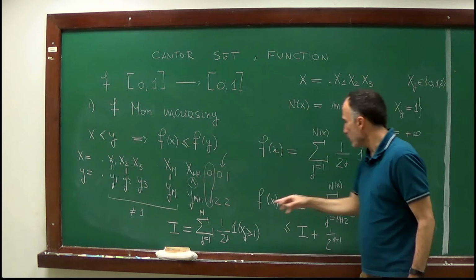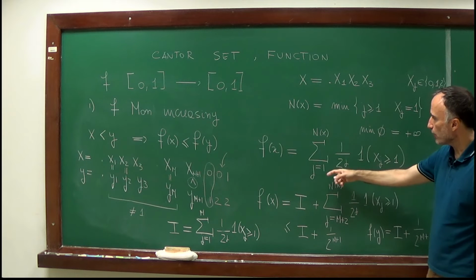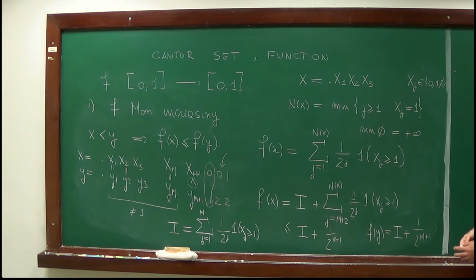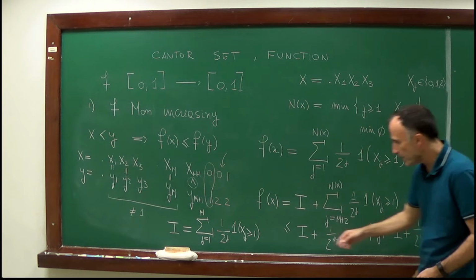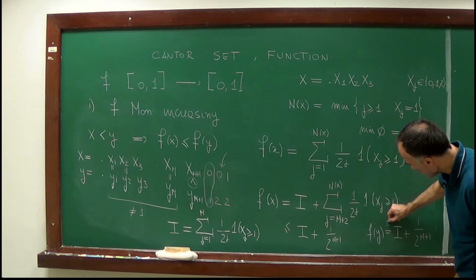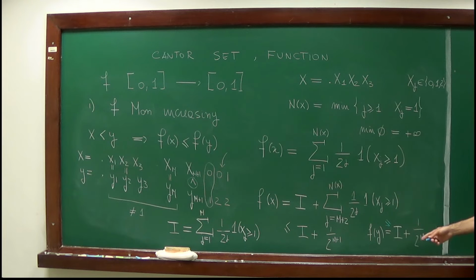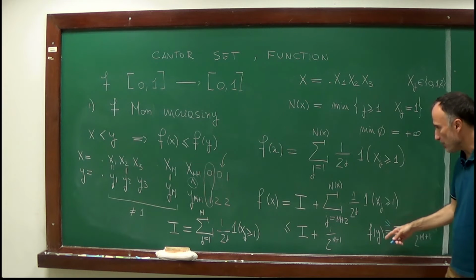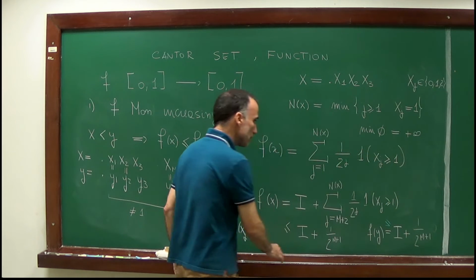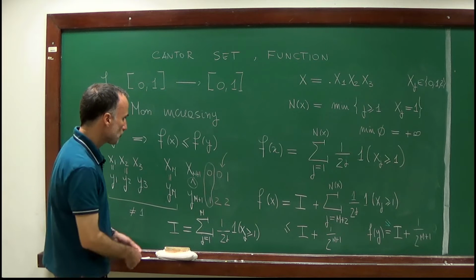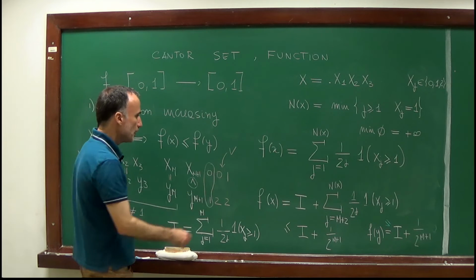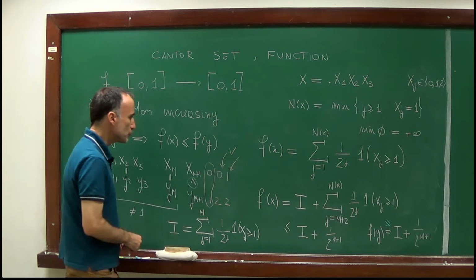And since y_{m+1} is 2, I'm taking the contribution for j equal to m plus 1, which is 1 divided by 2 to the power m plus 1, which is here. So in this case, instead of an identity, what I have is an inequality. So f of y is larger than that, because you might have a contribution for the term m plus 2 and so on. But we still have that f of x is less or equal than f of y in this case. So we checked the case 0, 2, and now it remains to check the case 1, 2.